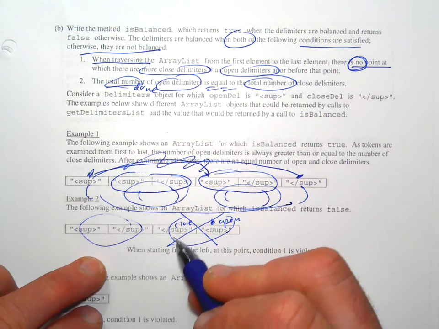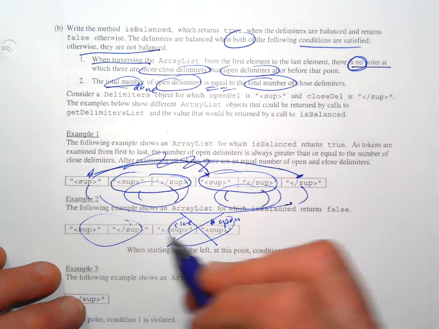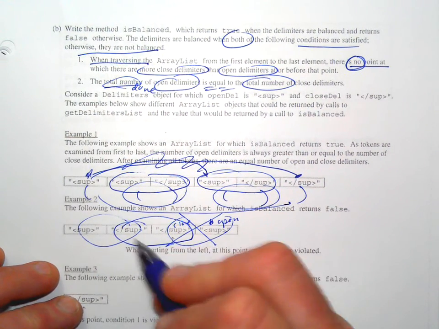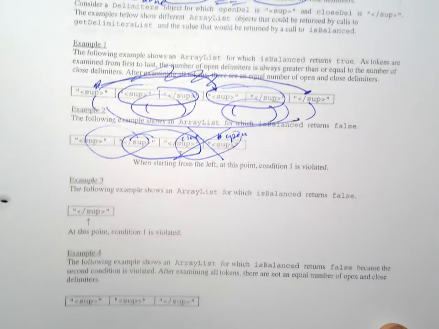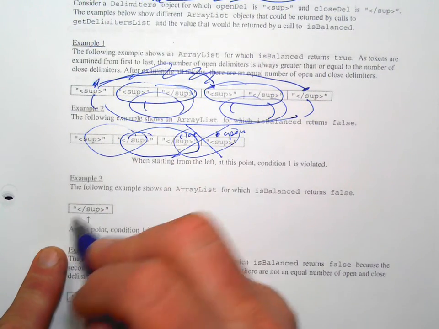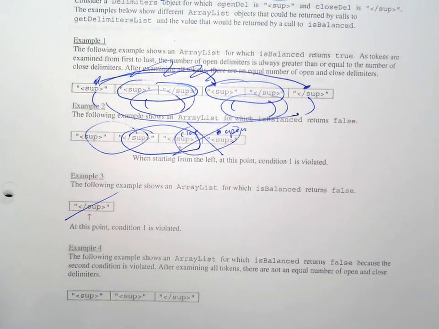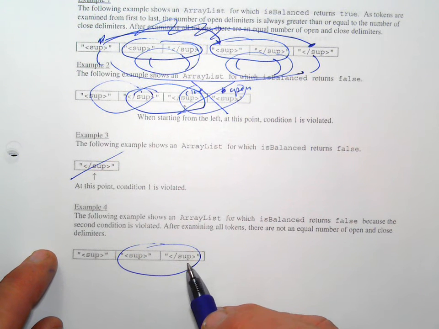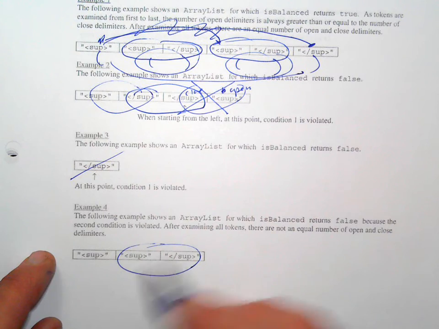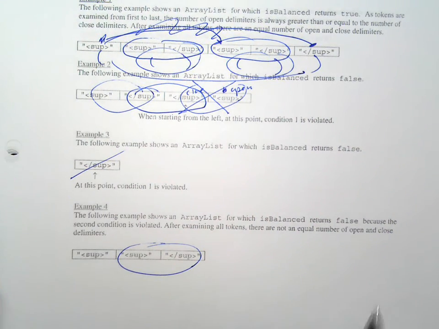The easy way to check for that is anytime you have more closing than opening, then something's wrong. So that's one of the other issues. If you just have a single one, either opening or closing, that's not good, right? Here, the closing ones are never more than the opening ones, but when we're done, it doesn't work because they're not equal.